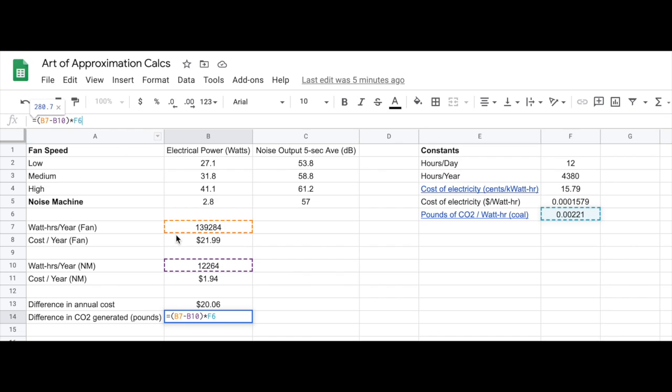And to do that, what I did is I took the difference in watt hours and I multiplied by a number I found online, which is the pounds of CO2 generated per watt hour of electricity, assuming that you're using coal to generate the electricity, which is kind of the worst case scenario. So you can see here after 1 year that the difference would be about 280 or 281 pounds of CO2 generated, more than the noise machine itself, just using the little speaker.